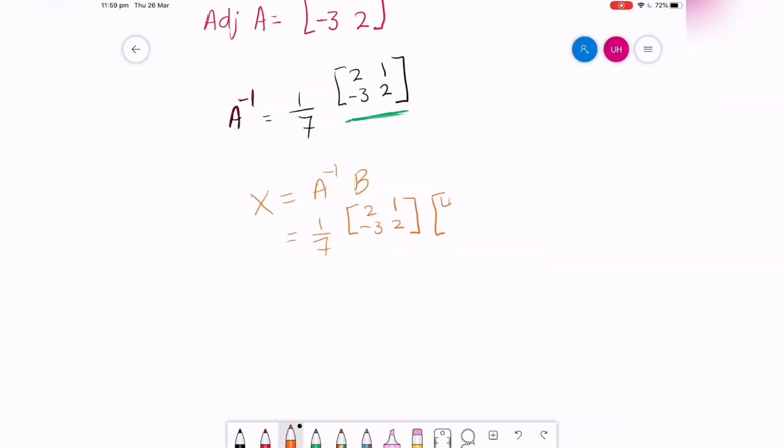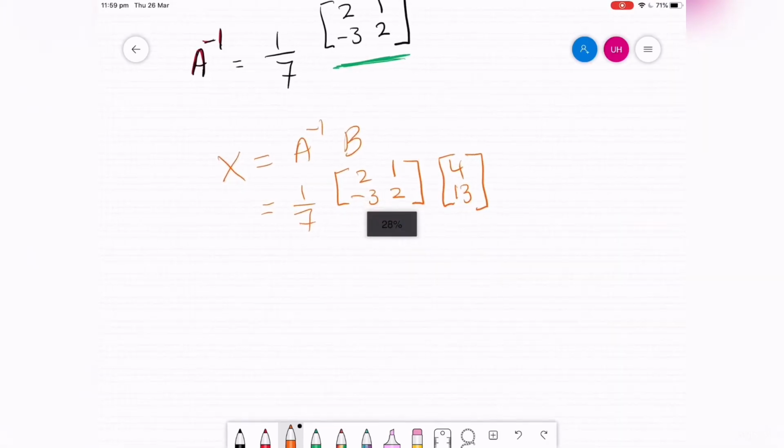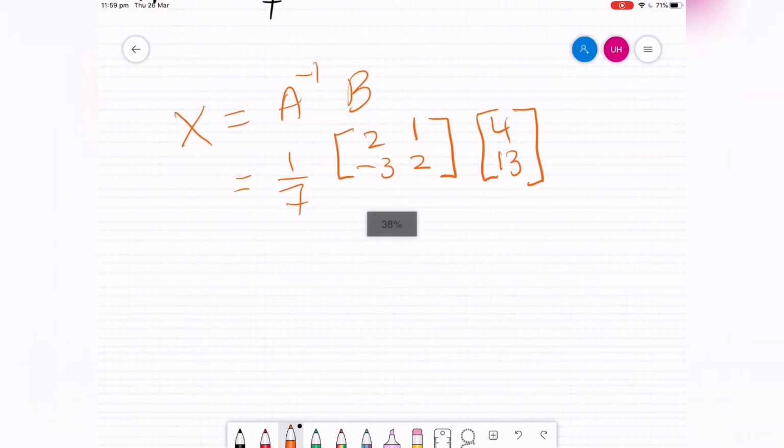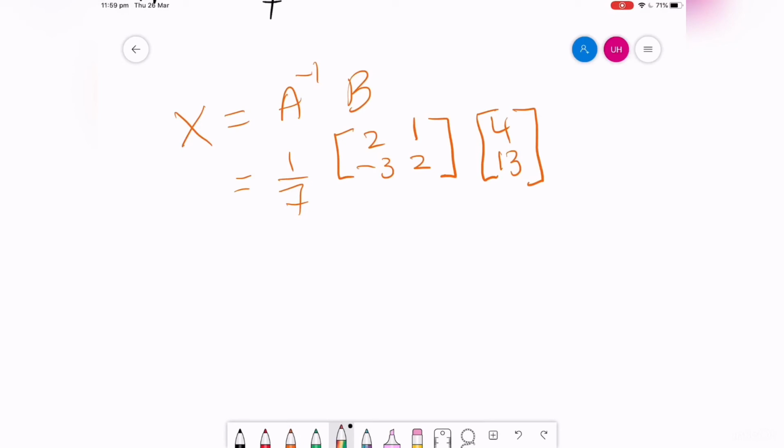Now we will multiply using this row with this column. This is B and this is A inverse.